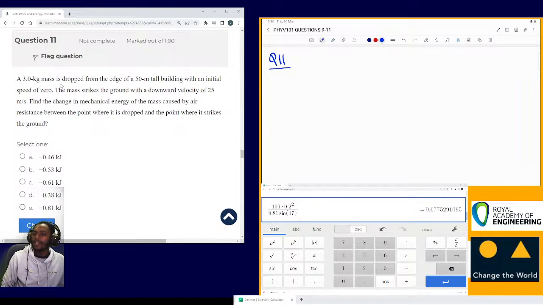The mass strikes the ground with a downward velocity of 25 meters per second. Find the average change in mechanical energy of the mass caused by air resistance between the point where it is dropped and the point where it strikes the ground. So you can put a sketch there.